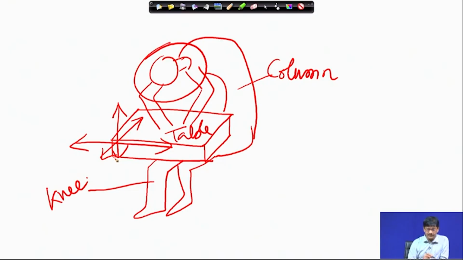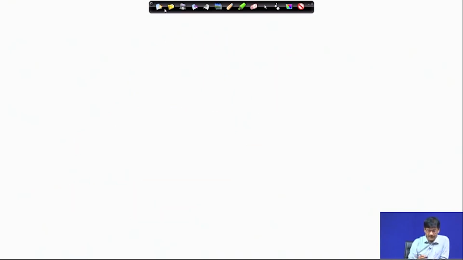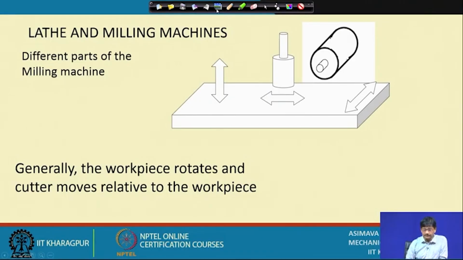Let us now look at the vertical milling machine. We have already understood that the cutter is vertical. In the horizontal milling machine, the axis of rotation of the cutter is horizontal. Apart from that, there are the column and the knee.